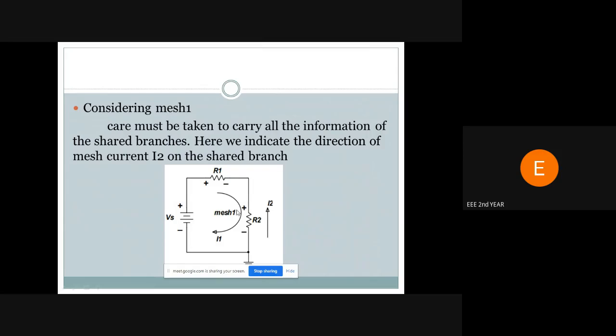So for mesh 1, the branches interconnected with the current I1 are the R1 branch and the R2 branch. Our R2 branch is shared by I1 as well as I2. Both currents are flowing through this branch.